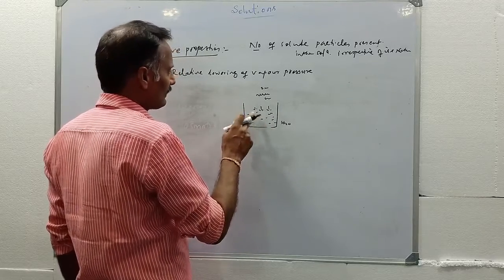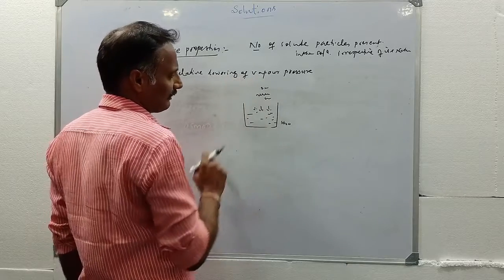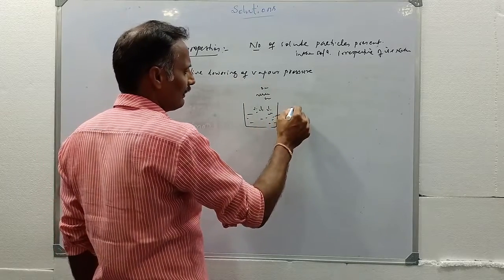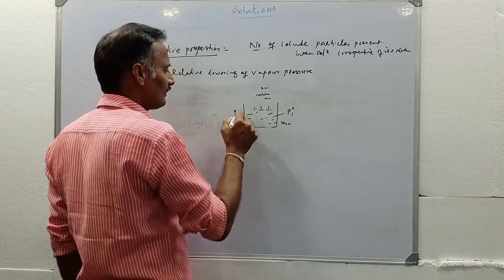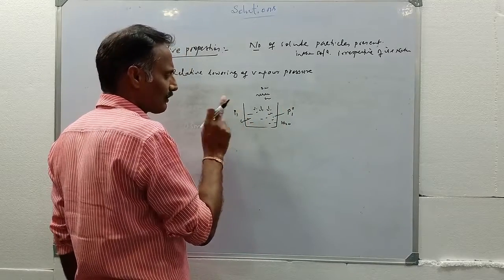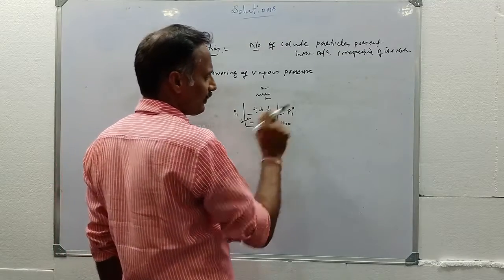That is called lowering of vapor pressure. Here P1 naught is the vapor pressure of the pure solvent, and P1 is the vapor pressure of the solution.